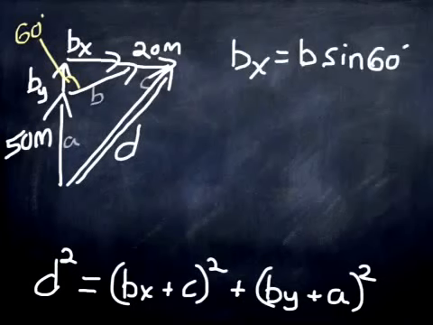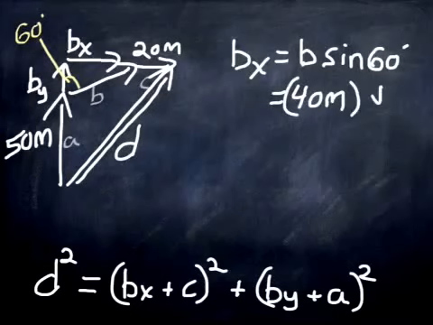Well, BX is B sine 60. How did I get that? The amount of BX is opposite the angle of 60 degrees from where you turned. B was the amount that you walked, and BX is opposite that angle, so BX is equal to B sine 60 degrees.